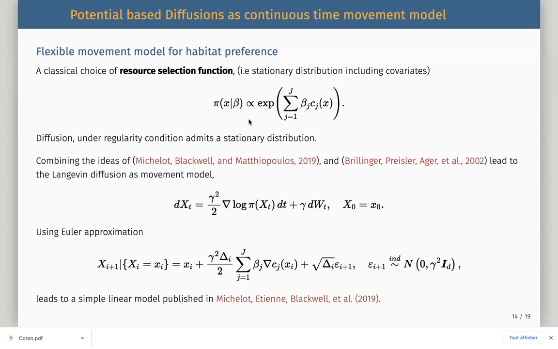And then if you agree to make some other assumption, which we know is not correct but is a classical one, you just end up with a very simple linear model, and it's completely straightforward to estimate. So contrary to the previous approach, which was a computationally intensive way of estimating parameters, at the price of some approximation, we have a very simple model to estimate the habitat preference of an animal by following its trajectory.